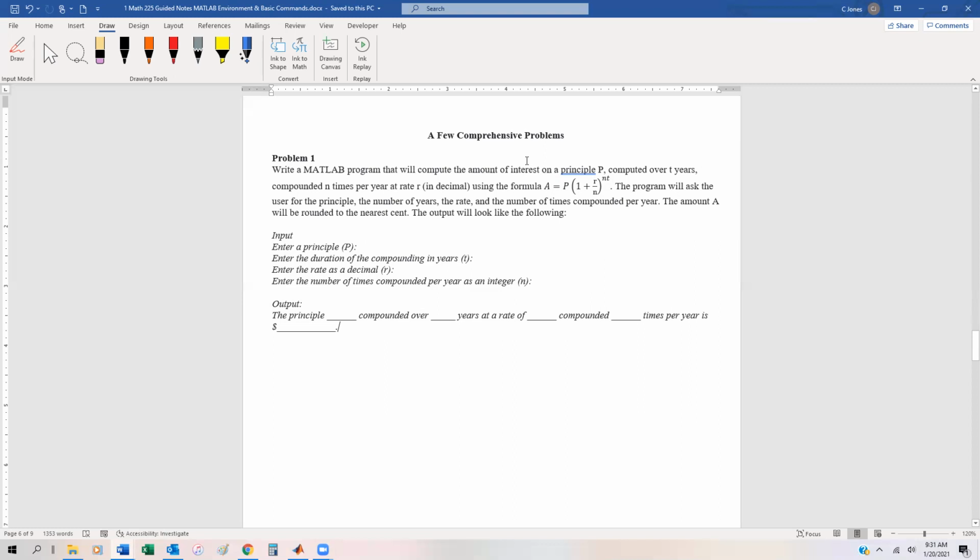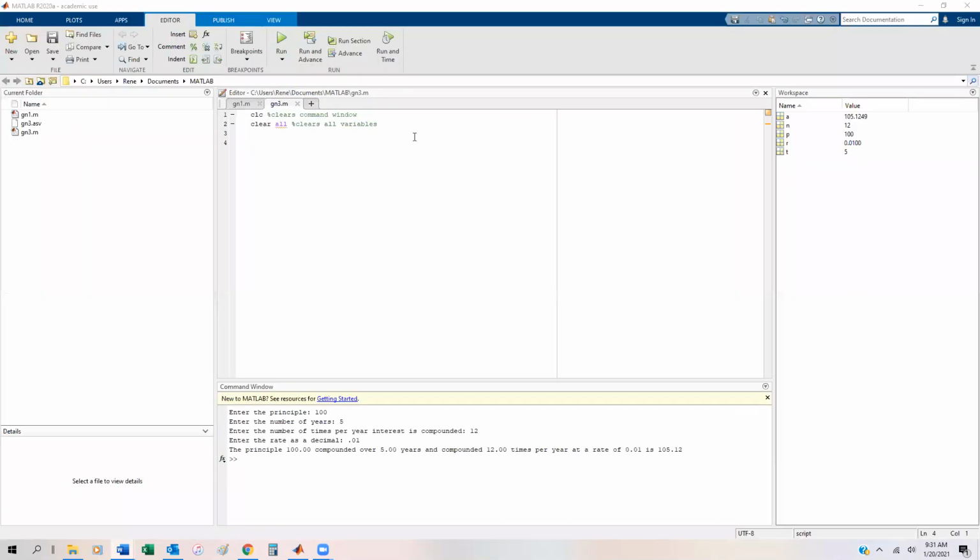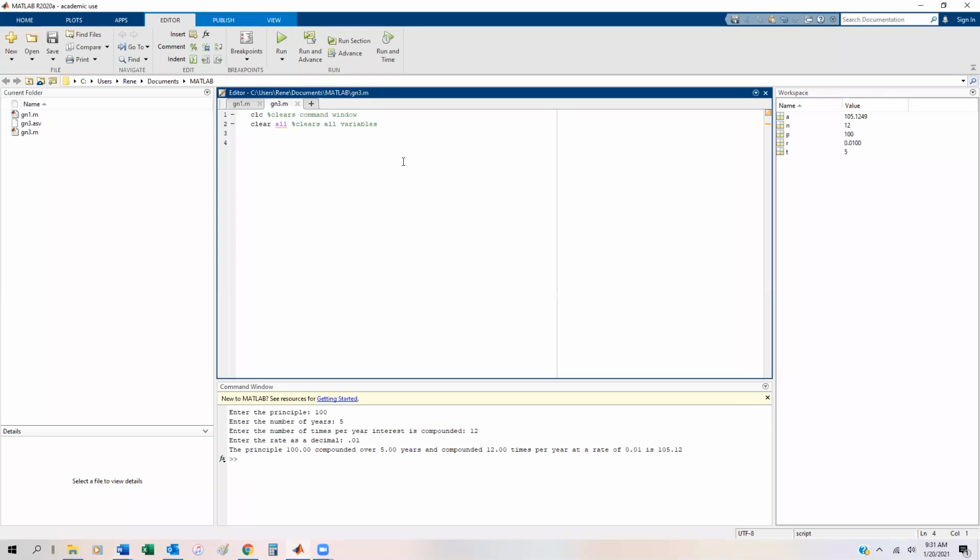All right? So let's go ahead and take a look at how we're going to program this. It's not too difficult. We're going to have 4 input statements. So I'm going to say P is input, and we're going to enter the principal. And then T equals input, and we're going to say enter the length or the number of years.